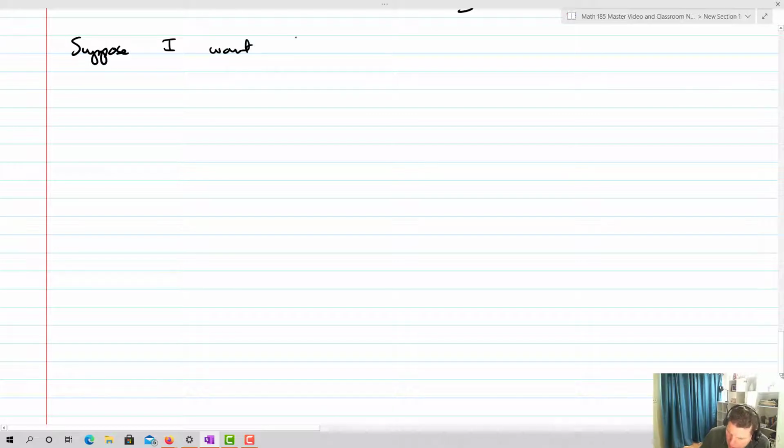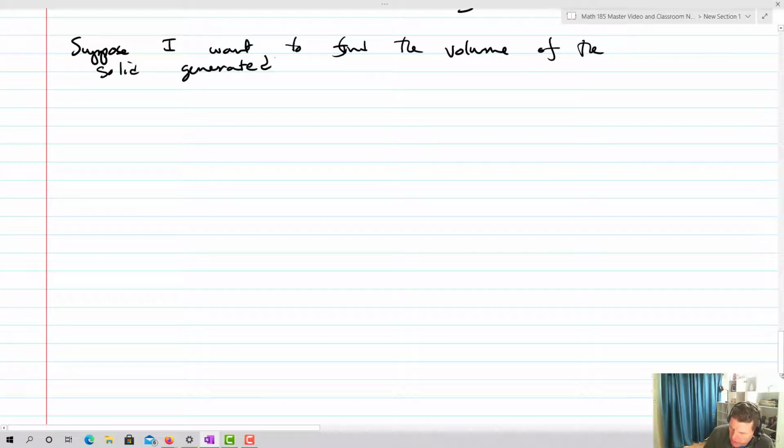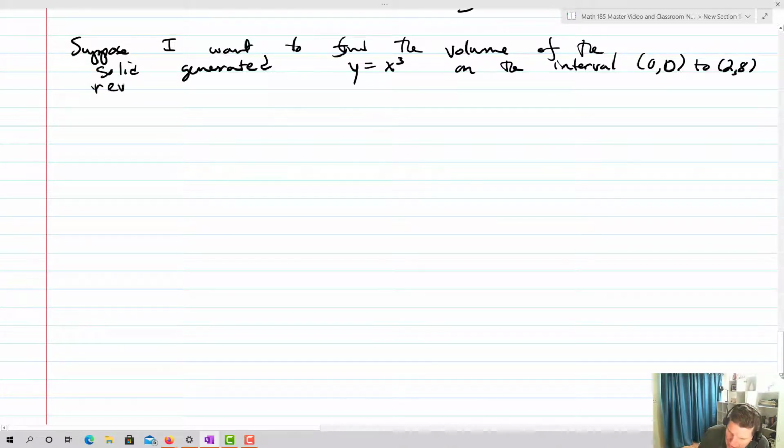What if our figures aren't as simple as that cone? In this case, suppose I want to find the volume of the solid generated by y equals x cubed on the interval from 0, 0 to 2, 8, revolved around the x-axis.